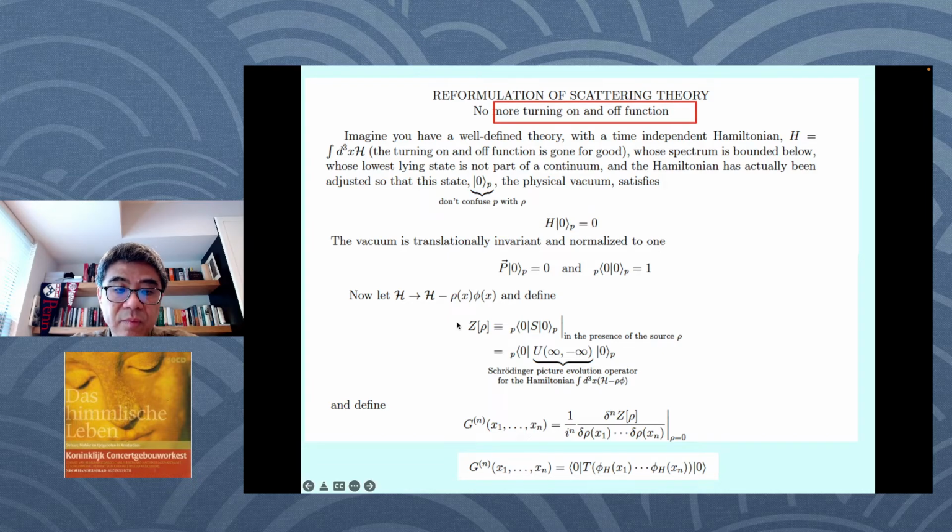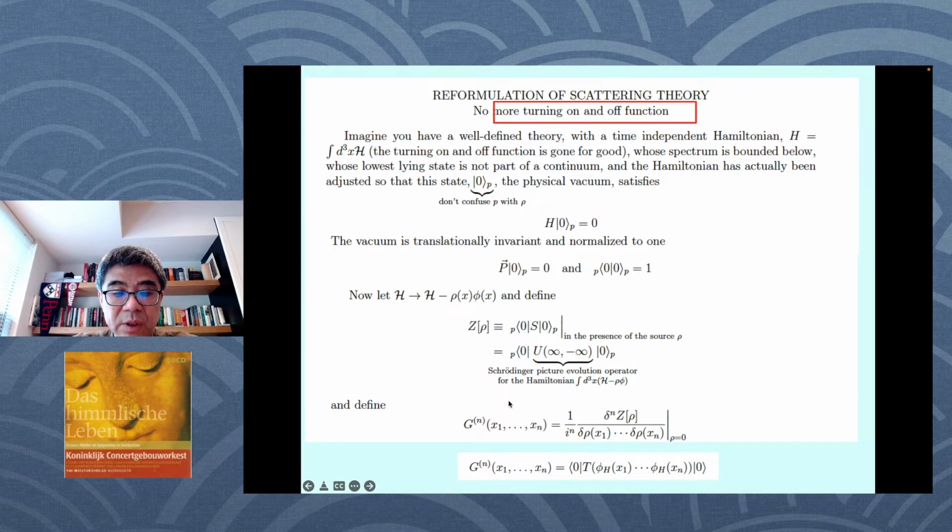Then, as before, I can define the generating function of the source by adding a source to the Hamiltonian, and then calculate the vacuum persistence amplitude in the presence of this rho. But remember, now the theory is working with the full Hamiltonian. Therefore, it is the physical vacuum persisting in the long future as the physical vacuum.